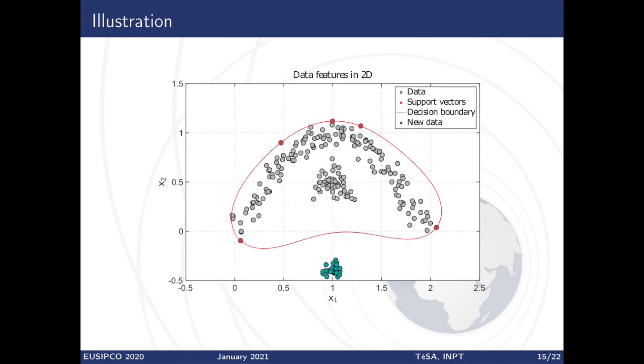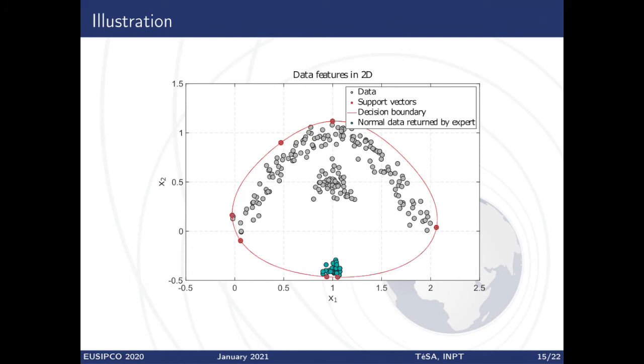If we go back to the second case where we have new nominal data that should be included inside the decision function, when we add the feedback using the proposed approach, we get this new boundary here. And of course, we can input both anomaly and new nominal data inside the algorithm to get this new boundary here.